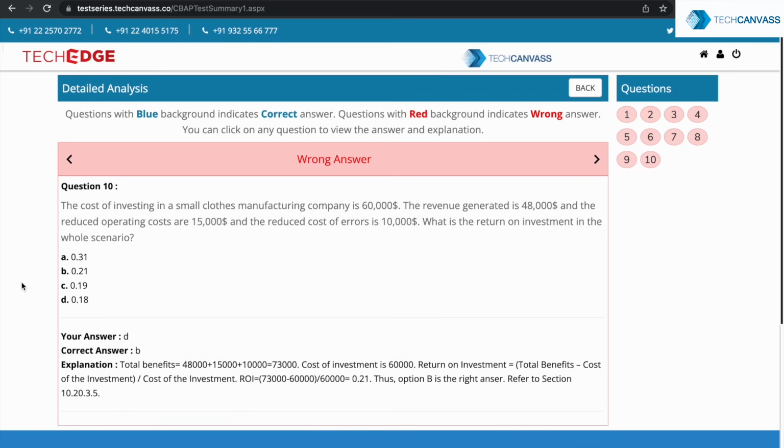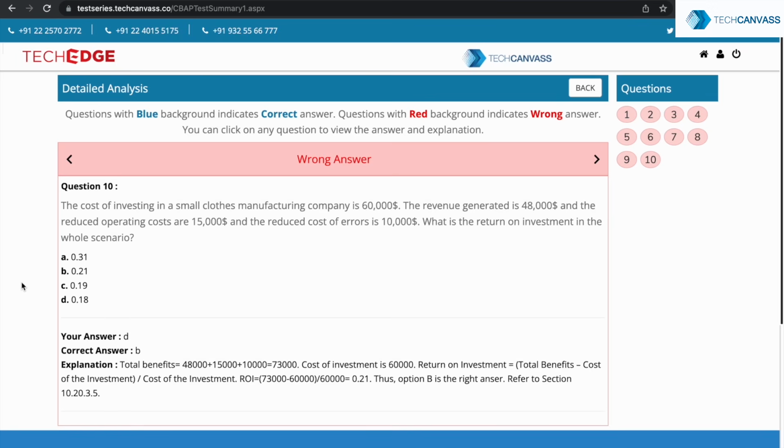The first statement says the cost of investment is $60,000. The formula for return on investment is total benefits minus cost of the investment, divided by the cost of the investment. So ROI will be 73,000 minus 60,000 divided by 60,000, which is 13,000 divided by 60,000, which is equal to 0.21. So the correct answer is 0.21.